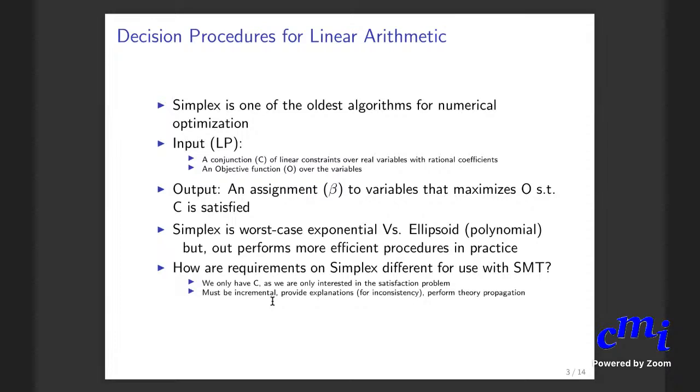I mean, this will become clear when we see better integration of the Boolean solver with the theory solvers, okay?